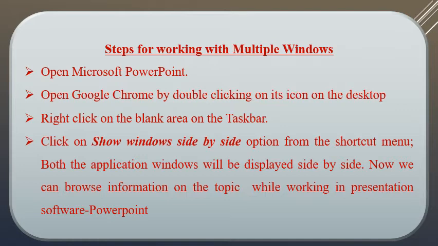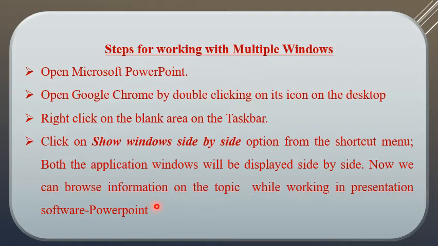From the menu you have to select Show Windows Side by Side. Both application windows will be displayed side by side. Now we can browse information on the topic from the Google Chrome window and use it in the presentation window, that is PowerPoint, and can work with it.